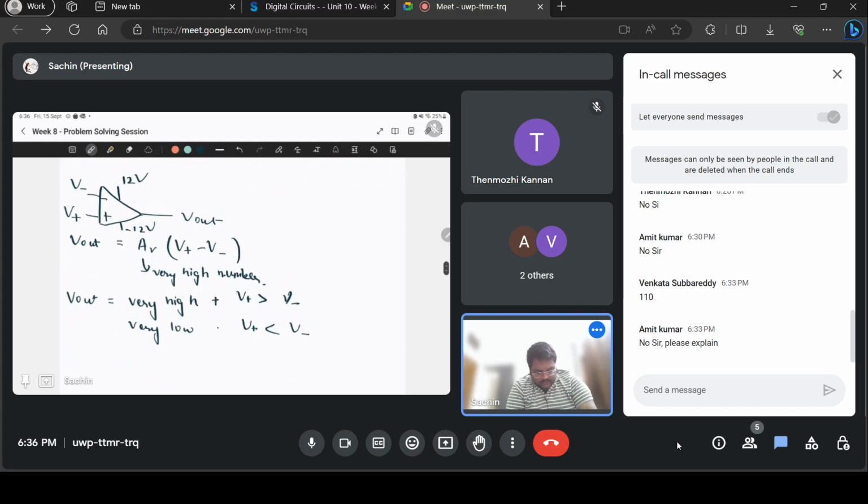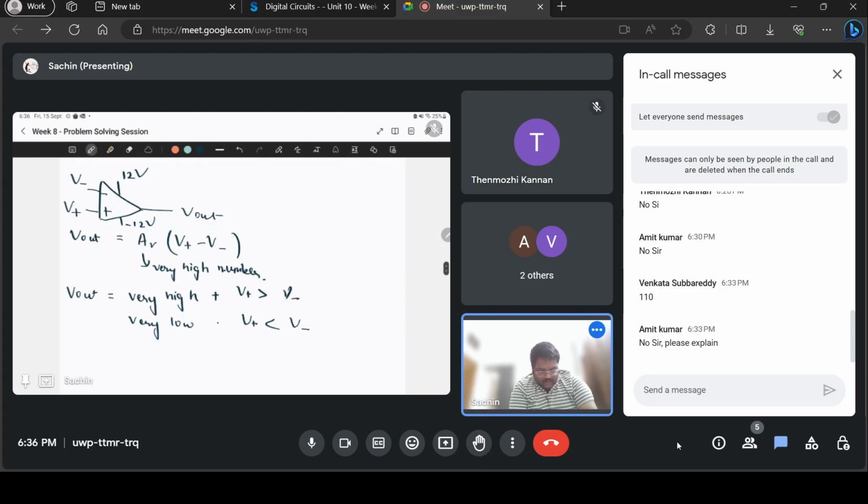Very high would not go to hundreds of kilovolts. It'll just go to the maximum value it can go to and then stop. It's supposed to give a very high output, but it'll get saturated.